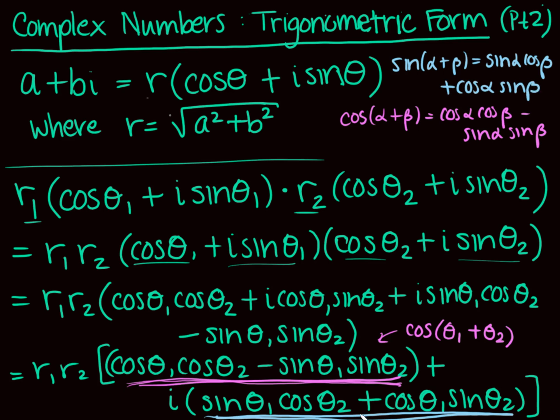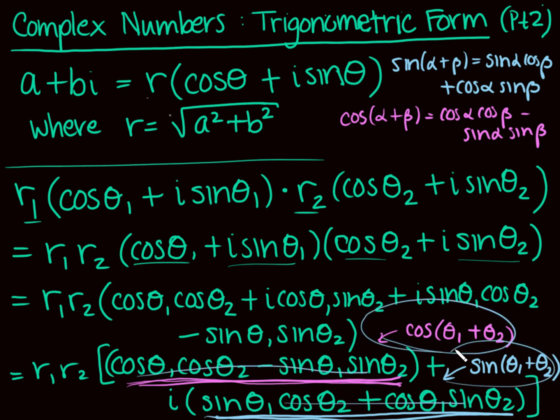And this, my friends, is the same thing as that. So this is sine of theta 1 plus theta 2. This is such a cool result of writing complex numbers in their trig form. Isn't that neat? So this whole thing right here is replaced with this, and then we have the r1 times the r2.